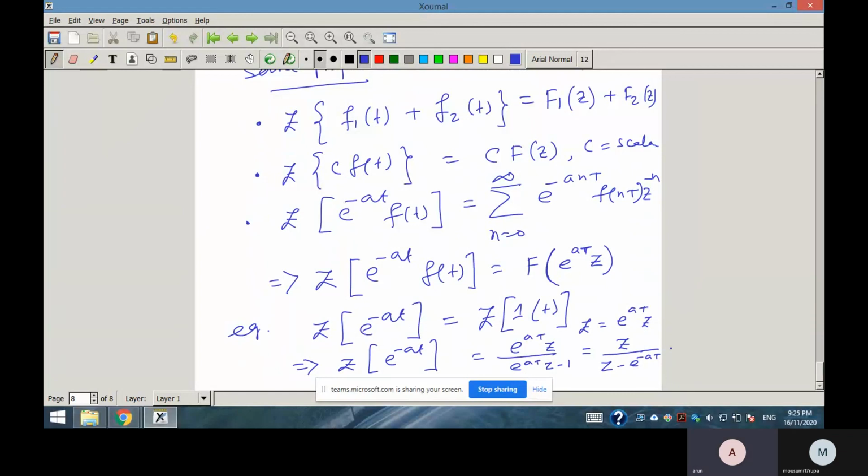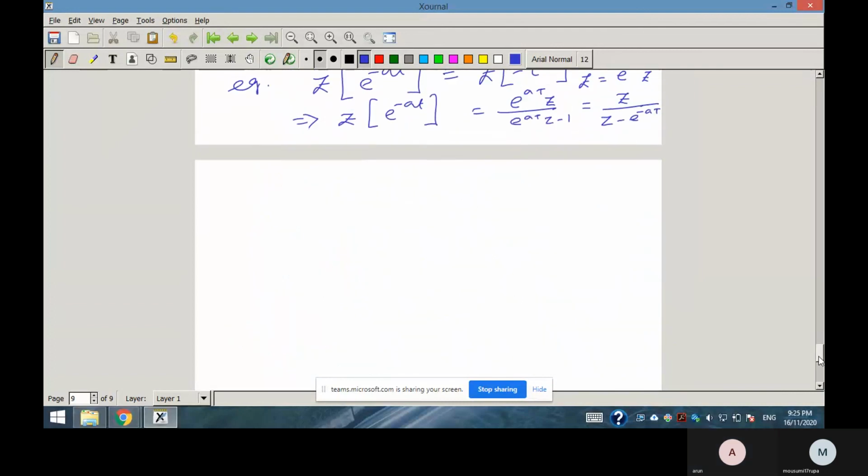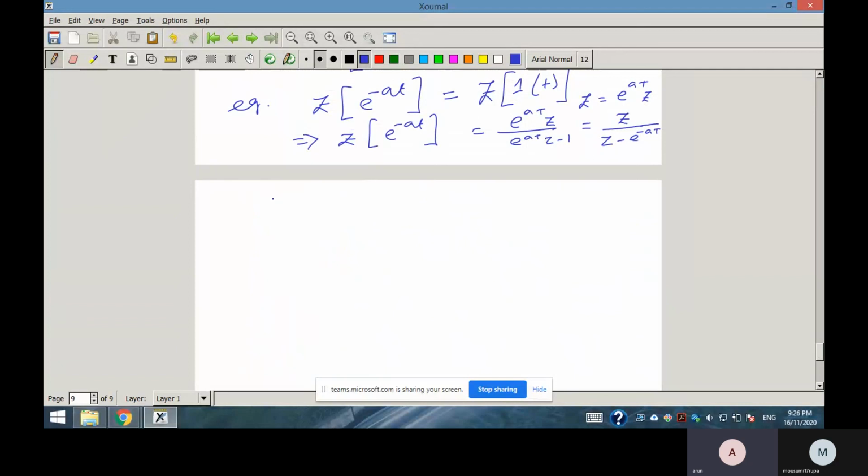Similarly, some other relations are also there. Suppose the Z transform of cos of beta t, the cosine function. You can easily derive it; I am not deriving it. It is z times z minus cos beta T, divided by z square minus 2z cos beta T plus 1.